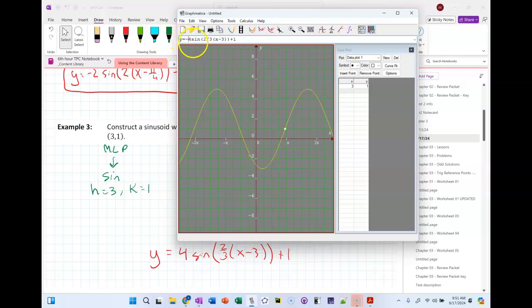Or if I had made that negative, still goes right through it, right? Both the blue graph and the yellow graph have the same amplitudes, the same periods, and pass through that point. They're both correct answers, even though they're not the same graph. They meet the specifications that I'm given, even though they're different graphs, right?